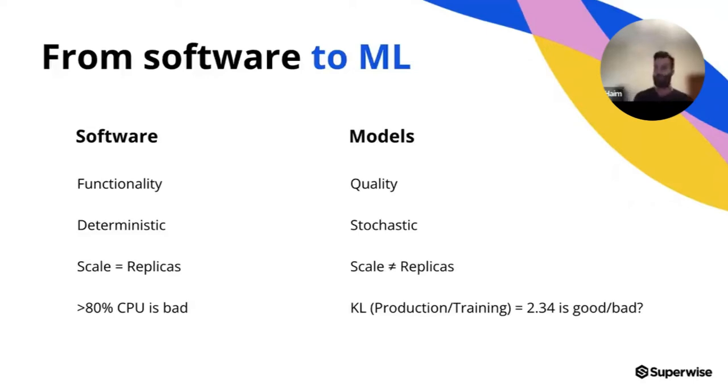Because if you go to one of those common DevOps people these days and ask them, hey, how do you monitor your software, your microservices in production? How do you know if it's working as it's supposed to? Then he'll tell you, hey, I got a few alerts and I'm checking the functionality and I'm making sure that the exit code is different than 0. If the exit code is different than 0, then I know that something went wrong. It's quite deterministic, actually.